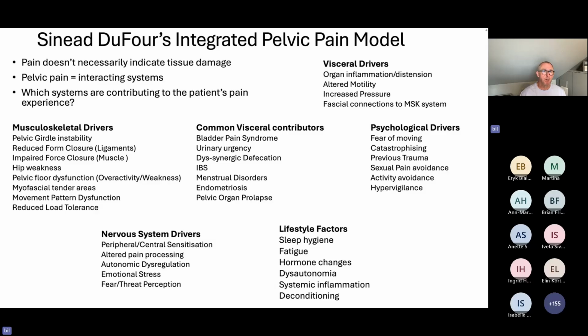Pelvic pain involves interacting systems, and which systems are contributing to the patient's pain needs to be considered. Musculoskeletal drivers, common visceral contributors, psychological drivers, fear of movement, catastrophizing, and why wouldn't you feel that way? Lifestyle factors, sleep hygiene, fatigue, hormone changes, systemic inflammation, then maybe deconditioning from not being able to move or exercise in the past.